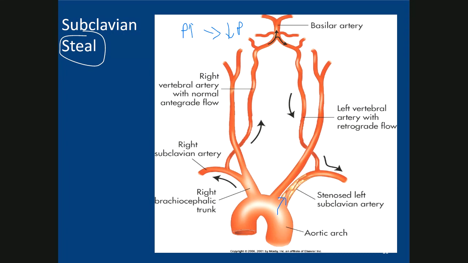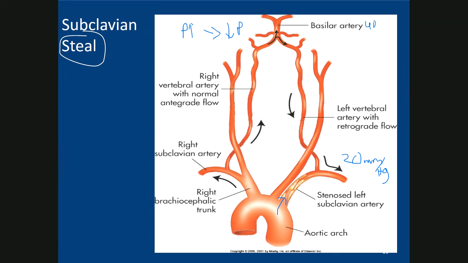Let's just say it's 20 millimeters of mercury, because that's what blood pressure is measured in. That's Hg. And let's say the pressure here at the basilar artery is, let's say, 40 millimeters of mercury.